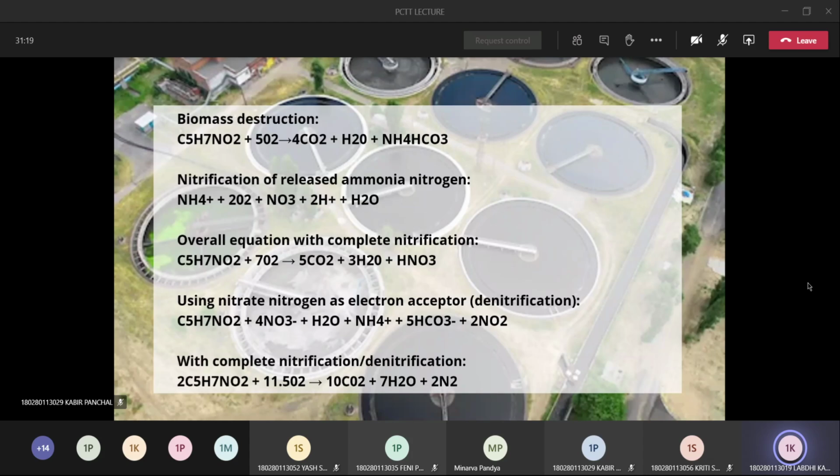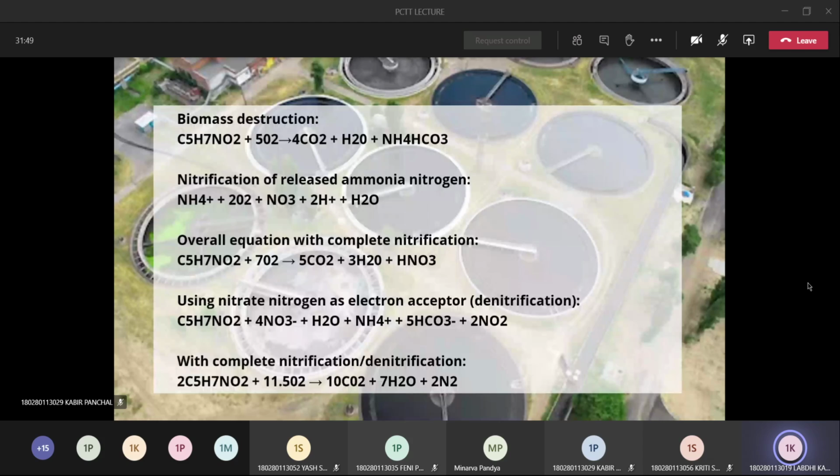So NH4 plus oxygen plus nitrogen trioxide plus hydronium ions will conduct the reaction. The overall equation with the complete nitrification process will go like the same living bacteria formula. C5H7NO2 plus oxygen will give 5CO2 plus H2O plus HNO3, which is nitric acid.